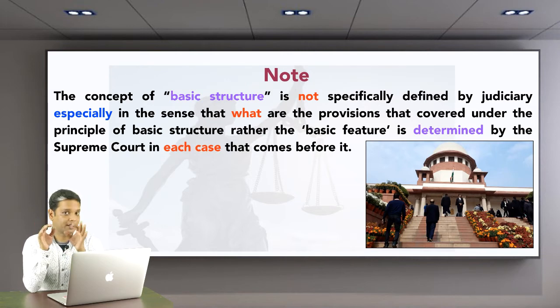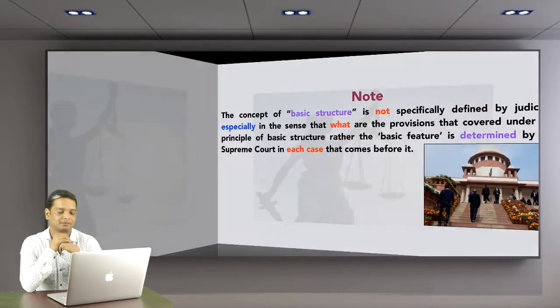So do not forget this point. This is an open-ended concept, and by now more than 20 provisions have been defined as basic structure. Now let's check out the development of the principle of basic structure through case laws.